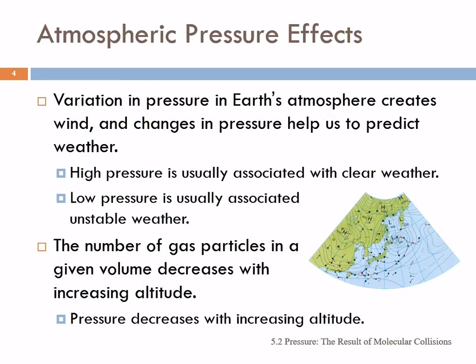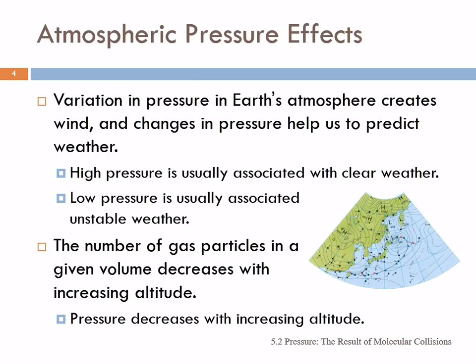The number of gas particles in a given volume of air: if you filled a container with air at sea level, and then you went up to Grant Grove, which is like 7,000 feet above sea level, and filled the same container with air up there, and were able to count the particles, you'd find that there's fewer particles in the same volume of air at a higher elevation.